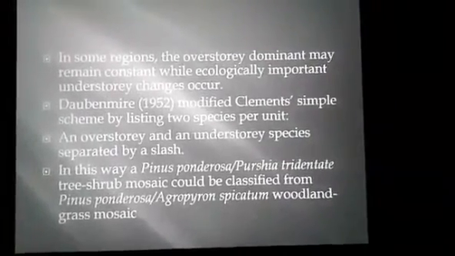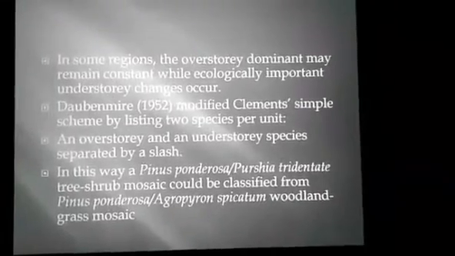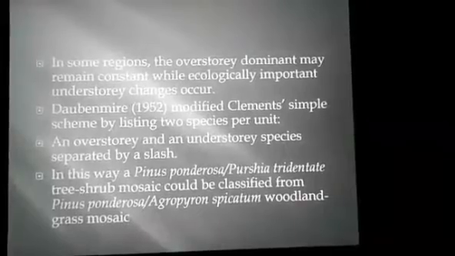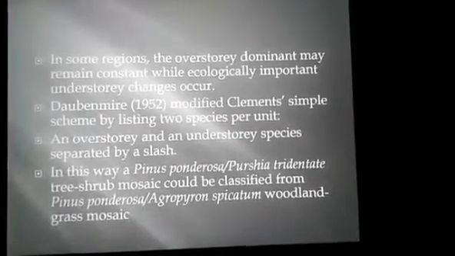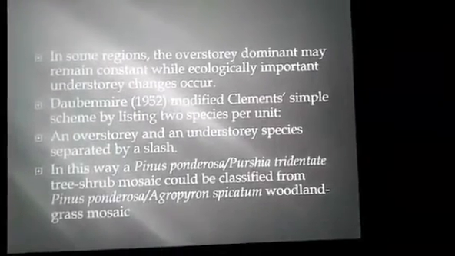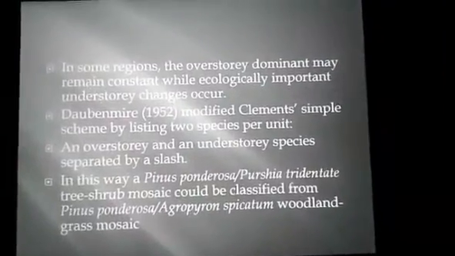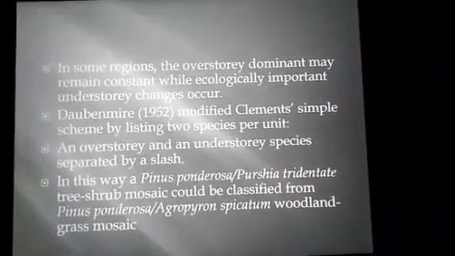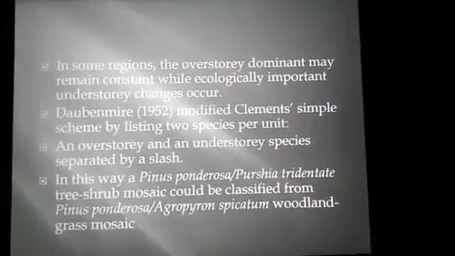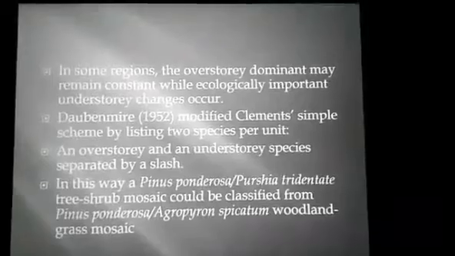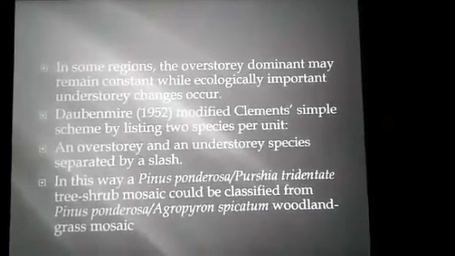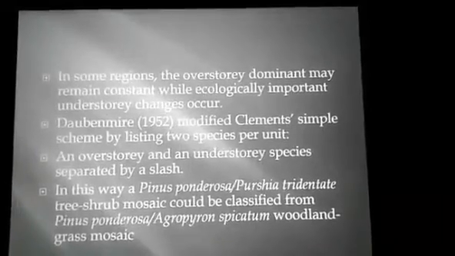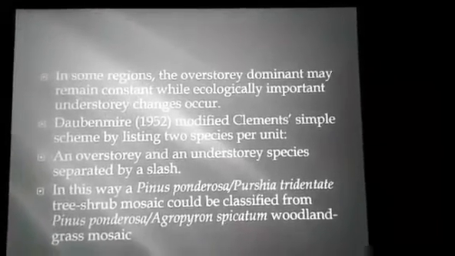For example, let's say you have a community wherein you have marula trees dominating the particular area. You are going to classify that area as a marula woodland, and not focus or look into the other smaller species which are found underneath the marula vegetation.